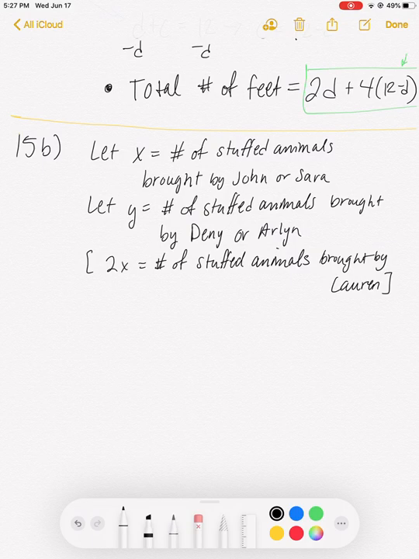Now the point of this is we want to write an expression that captures all the information and gives the average number of stuffed animals brought by each one. So we can find how many everybody brought.